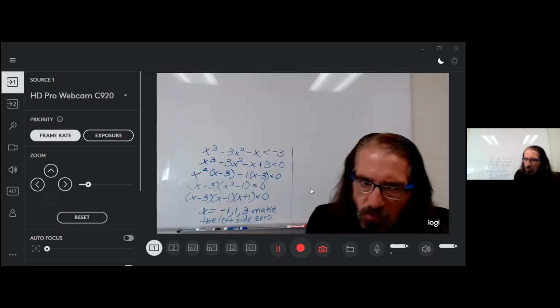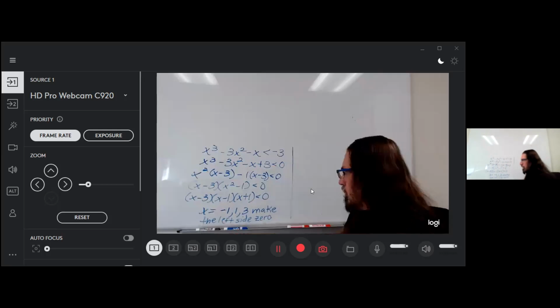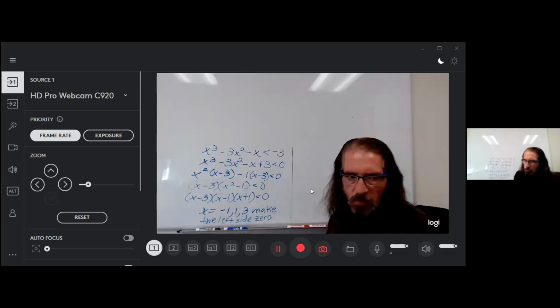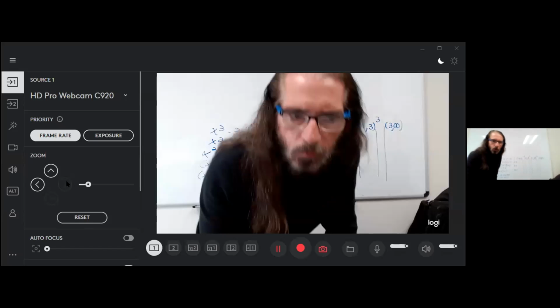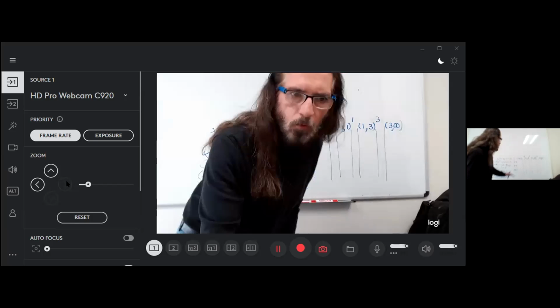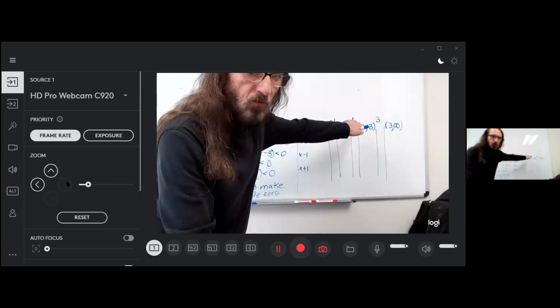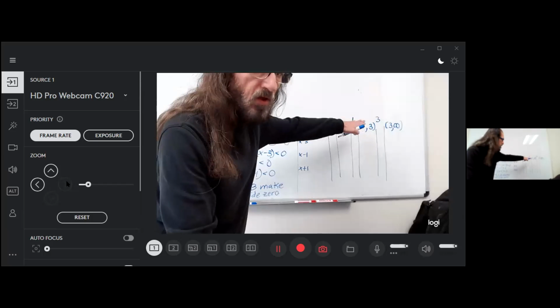So I'm going to set up a sign chart looking in between these, as well as left of the smallest one and right of the largest one. All right, so I've labeled the three special values of x to make the left side equal to 0.